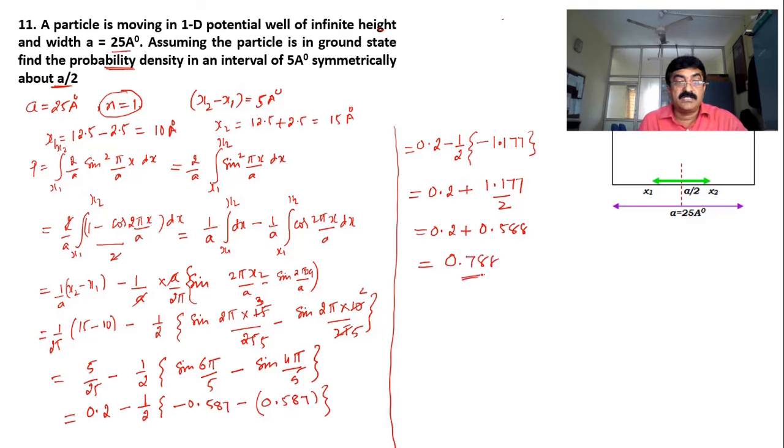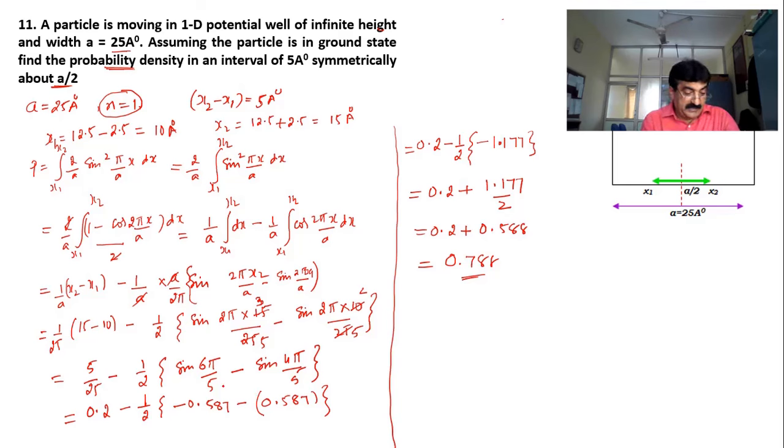Let us please cross verify. 5 by 25 is 1 by 5. So this is minus sine, right? Let me check sine 6 pi by 5, sine 4 pi by 5. You please keep checking.